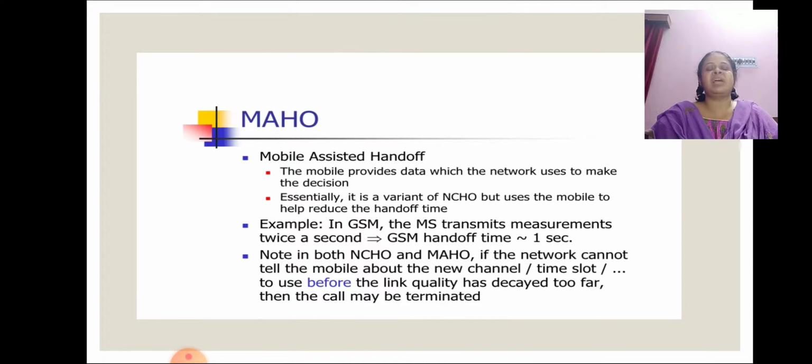GSM handoff time is equal to 1 second. Note that in both NCHO and MAHO, if the network cannot tell the mobile about the new channel time slot to use before the link quality has decayed too far, then the call may be terminated.